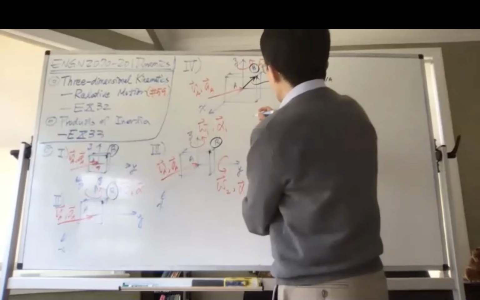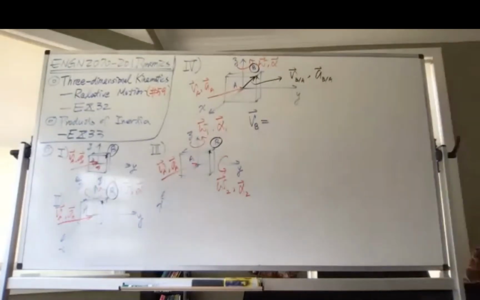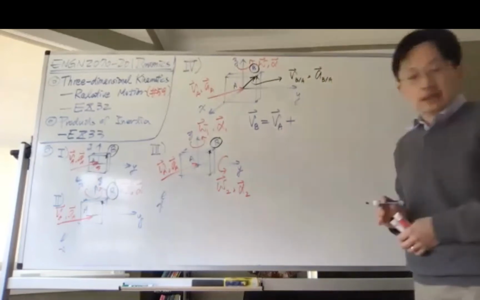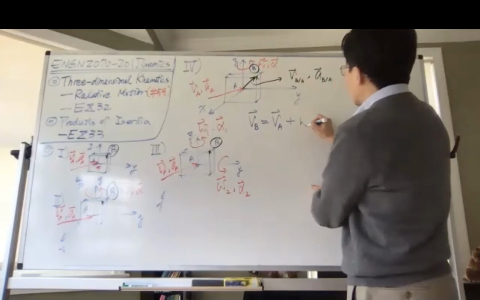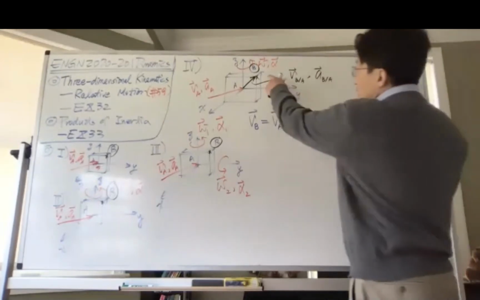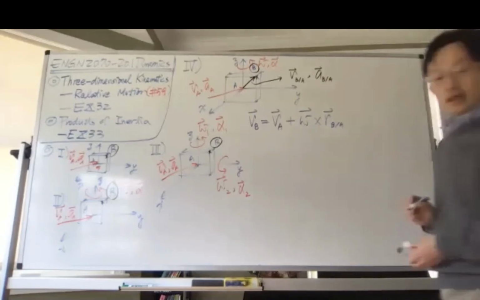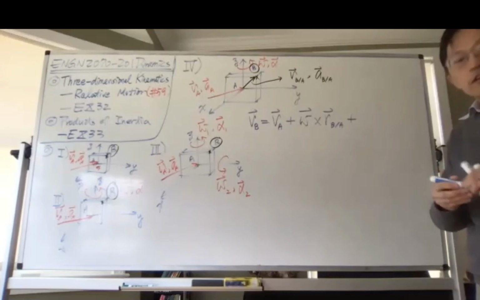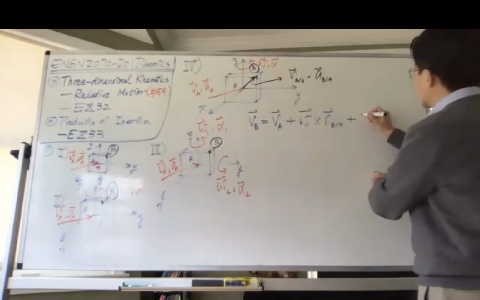So this is the final result. The linear velocity at point B equals the linear velocity at A plus this angular velocity omega cross the distance between B and A, RBA, and plus the relative velocity from B to A. So here there's the third term.